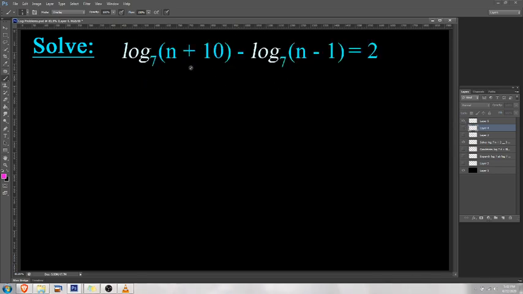Okay, we got 2 logs on this side and just a number over here. It looks like we're going to be using our quotient rule, so let's do it. We're subtracting, so we use the quotient rule. Log 7, it's going to be this as our numerator, so n plus 10, over that is our denominator, n minus 1, equals 2.